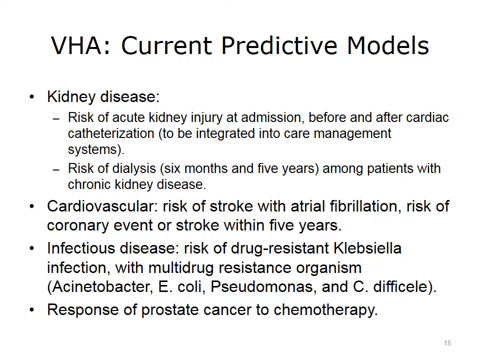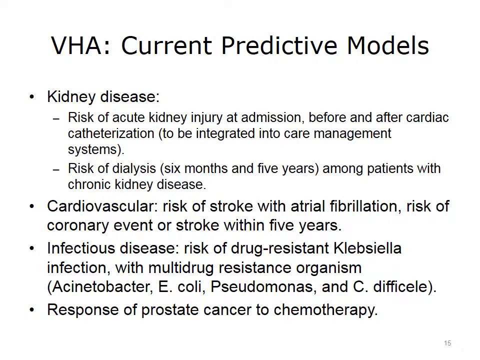Current predictive modeling activities at the VHA also include specialized models for kidney disease, especially the risk of acute kidney injury at admission, before and after cardiac catheterization, and the risk of dialysis among patients with chronic kidney disease. Cardiovascular diseases, such as the risk of stroke with atrial fibrillation and the risk of coronary event or stroke within 5 years.